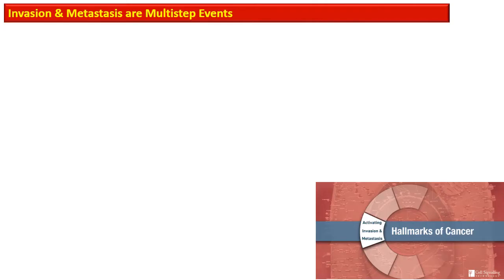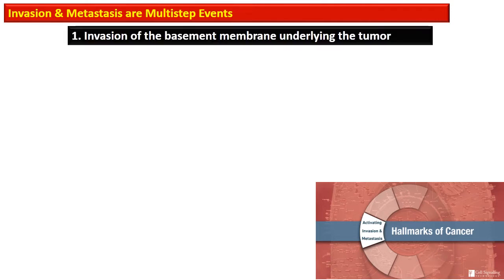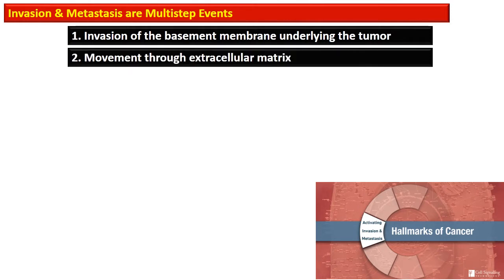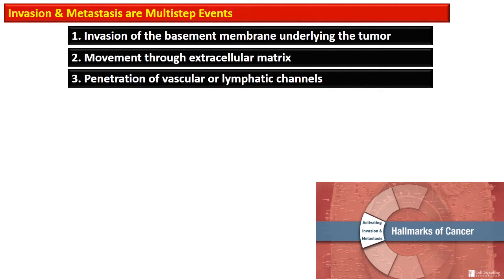About 90% of cancer patients die of metastasis. Metastasis and invasion is a multi-step process. The first step is the invasion of the basement membrane underlying the tumor. Then these tumor cells move through the extracellular matrix and penetrate the vascular or lymphatic channels.